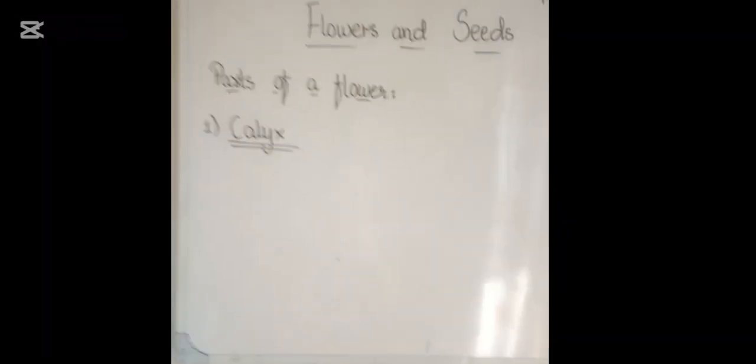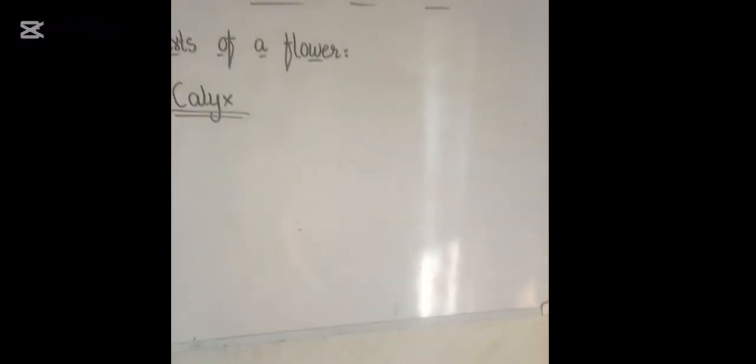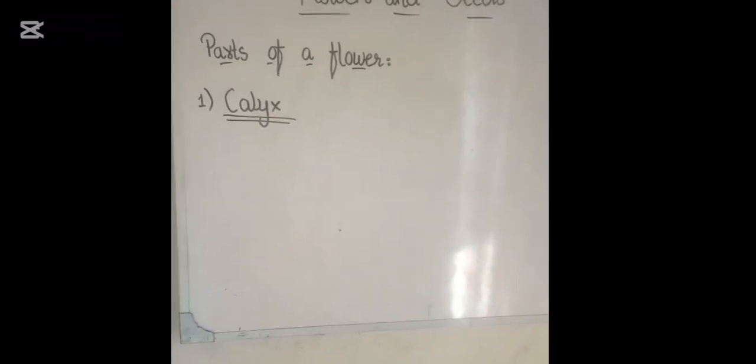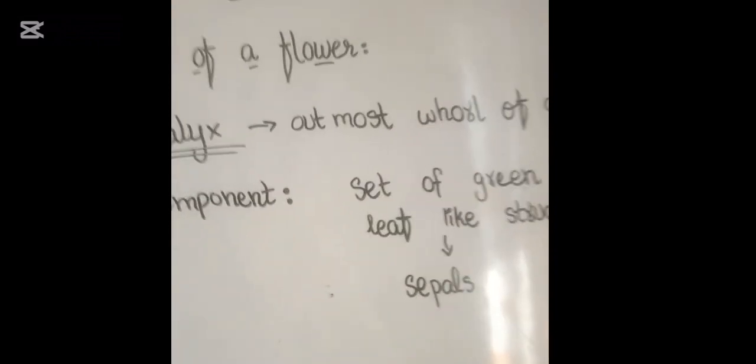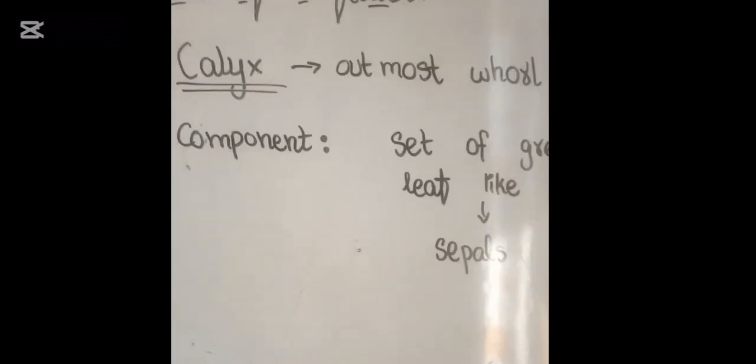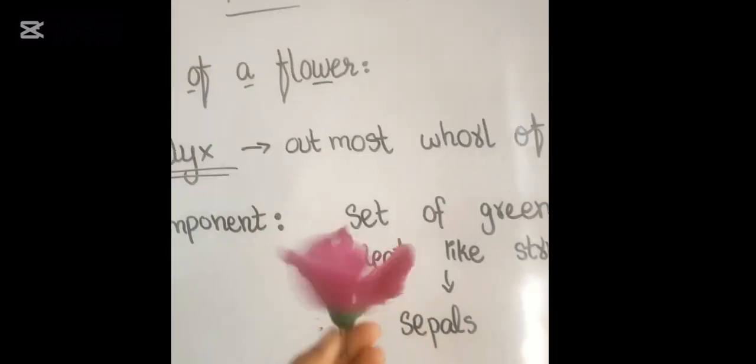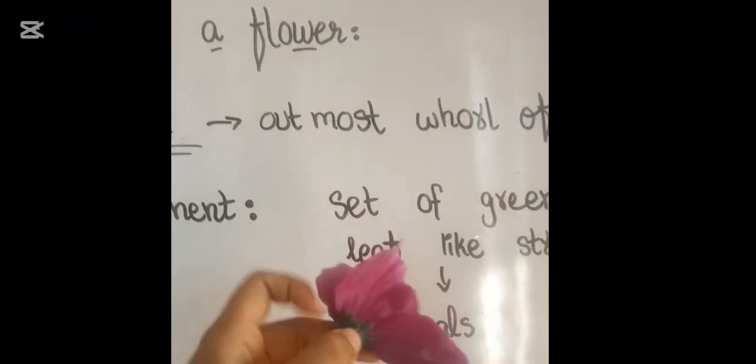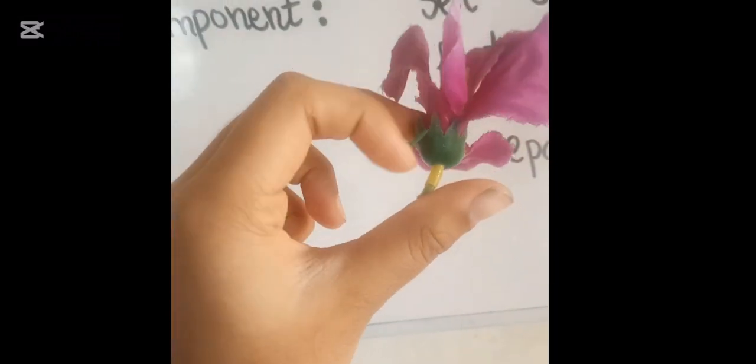Okay, so the outermost whorl of a flower is called the calyx. So calyx consists of a set of green leaf-like structures called sepals. So I couldn't find a realistic flower in the garden, but I do have some artificial flowers. So you can see this is a flower, and what are the sepals? Basically, this part is the sepals.